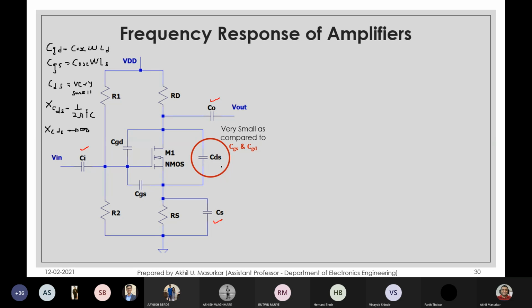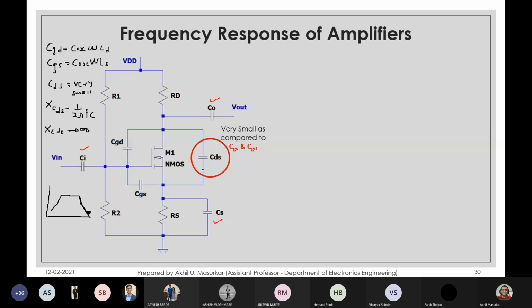there is no point in looking at CDS, because even though mathematically it will have some response, by that time my slope has already started falling off, and CGD will affect it somewhere at this point. Once something has already been affected, it getting affected again in a worse way later on is of no use.